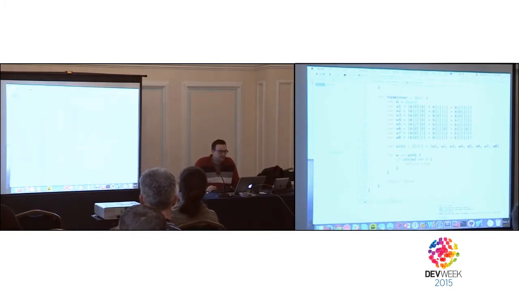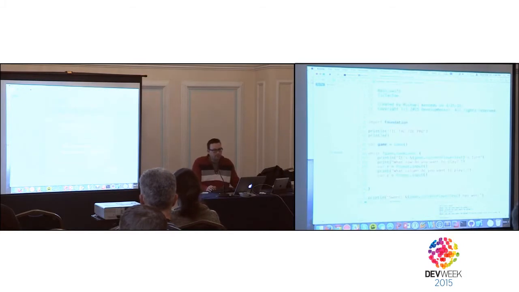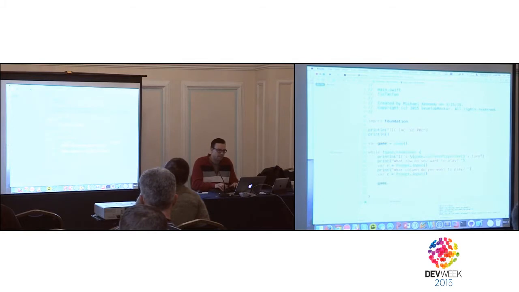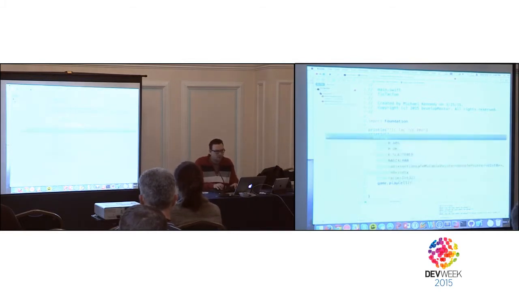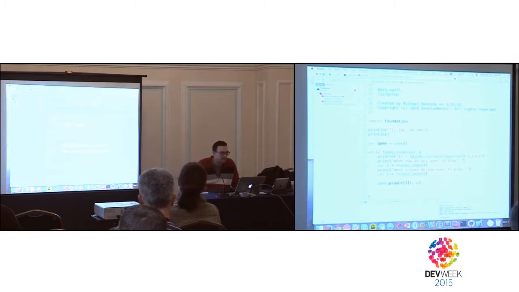So if we go over here to the main, we might want to somehow add a function down here, like game.playCell, or something like that. Row, column. And some interesting stuff is going to happen here. So let's go back to this view.